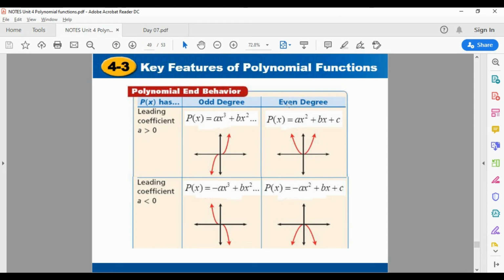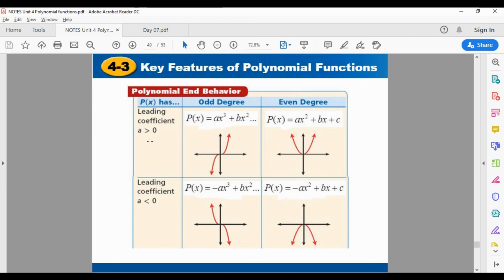If it's an even degree polynomial, so 2, 4, 6, 8, etc., then you're either going to start at positive infinity and end at positive infinity, or you're going to start at negative infinity and end at negative infinity. Now, there's lots of stuff that can happen in between, but when talking about end behavior, it's only these 4 cases.